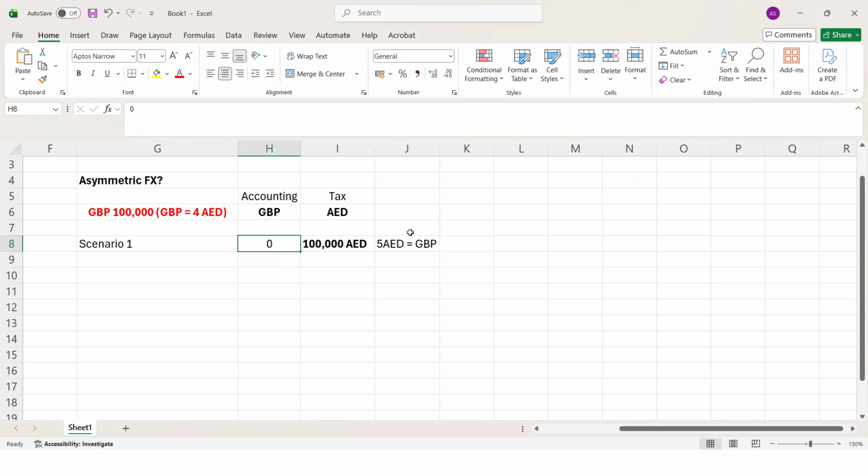In such a scenario, what should you do? Because at the end of the day, ETR is equal to taxes paid divided by GloBE income. If this is not in my income, it would look like I paid more taxes. So if it is not included in the accounting figure but included in the tax figure, then you include it in GloBE income.